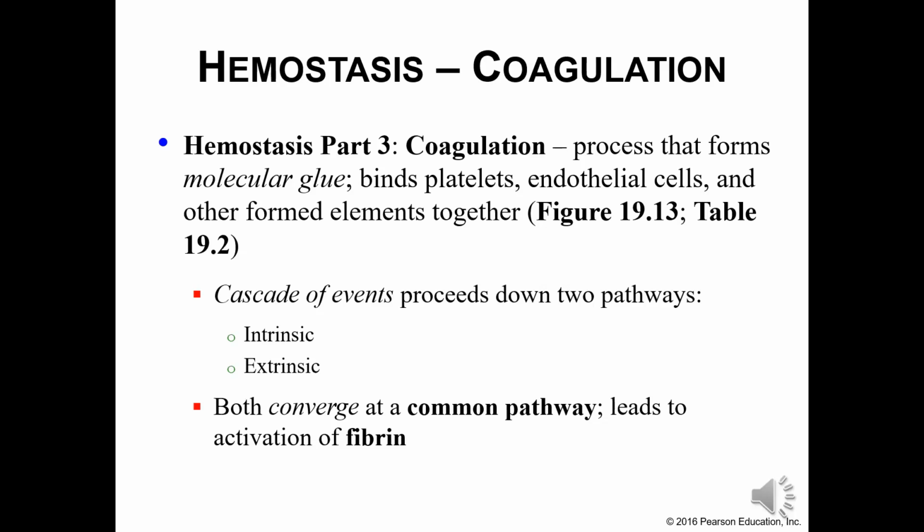Intrinsic pathway, because this cascade of events occurs in the blood vessels, whereas the extrinsic pathway will occur outside the blood vessel. But both these pathways will converge at the common pathway, which then leads to activation of fibrin. Fibrin is going to be a thread-like material, will act to make the platelet plug more substantial.